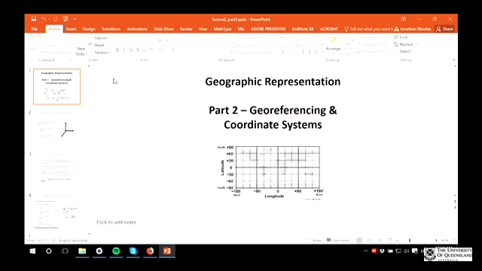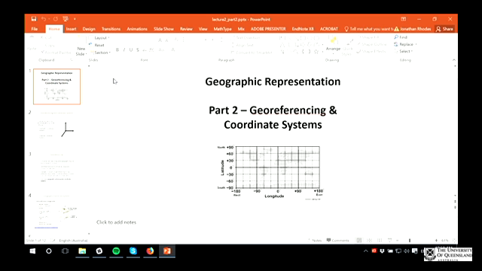You can integrate vector data with raster data, and different types of vector data with each other. We'll start to talk about that in the analysis sections of the course early next week. So although in terms of their database structure they're separate, they can be integrated.